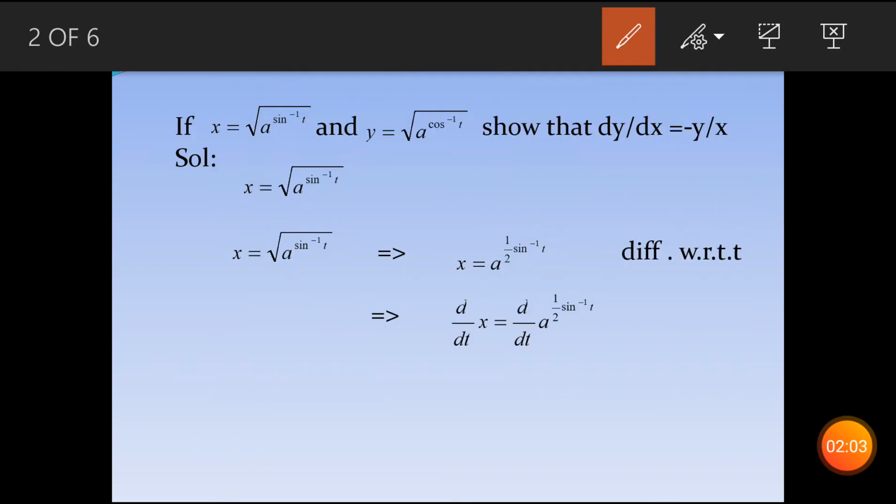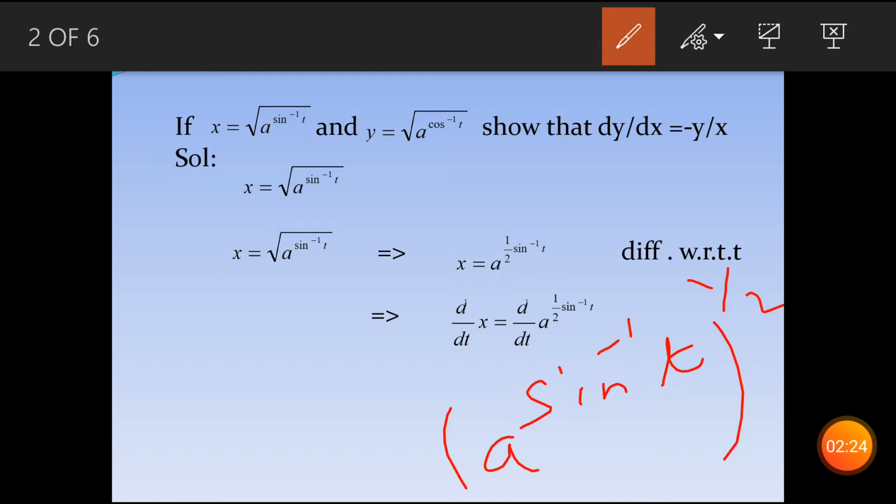So now you can see that x is given as this. It is written like this: a power sine inverse t, and in place of root we can write it in this way.